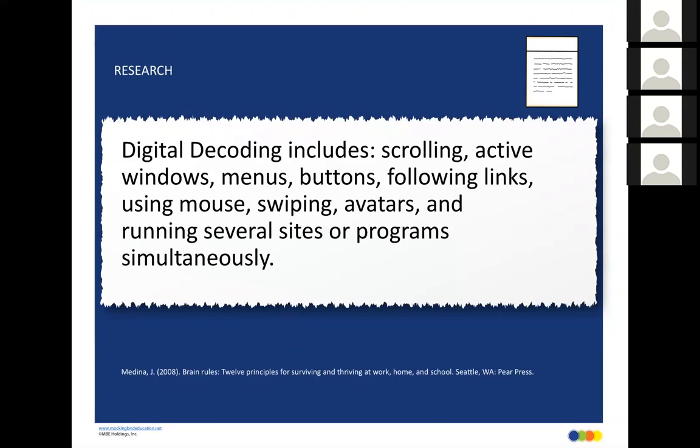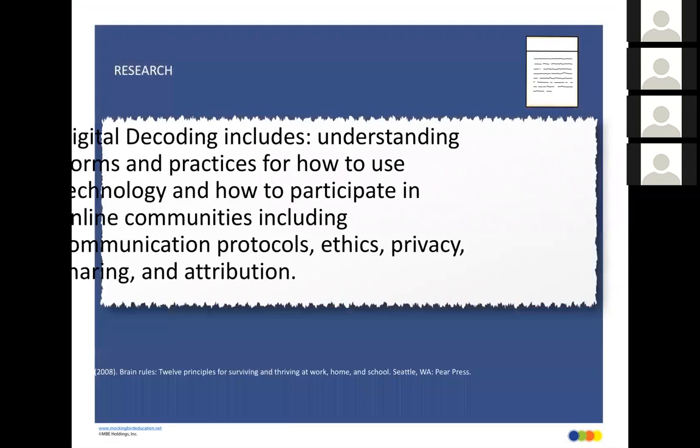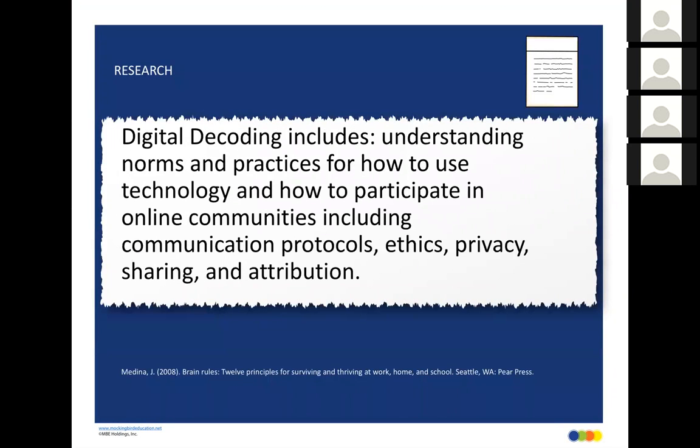Digital decoding assumes that learners know how to do these things. It's very challenging to do the other kind of thinking work we have to do when we're struggling just to decode what's going on the screen. It also includes understanding norms and practices for how to participate in online communities and technologies.